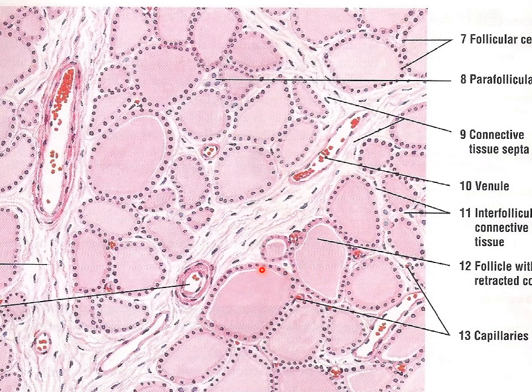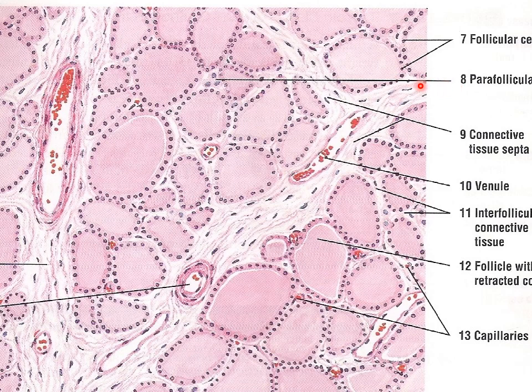Along with these thyroid follicles, which are lined by the follicular cells and filled with colloid material having lots of stored hormone along with the thyroglobulin protein, there is also another type of cell, located either singly or in groups or clusters.